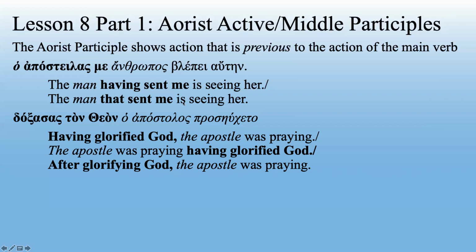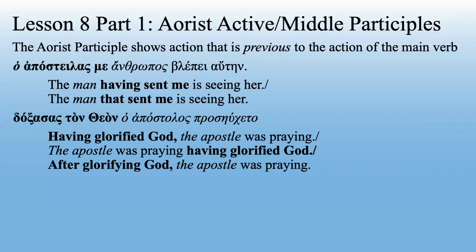For the man that sent me, we can just convey that it's in the past. But if this action is already in the past, we have to go further back into the past and convey that this was already completed, which would be after he had glorified God, a past perfect, the apostle was praying. Now, again, I know that's extremely technical.